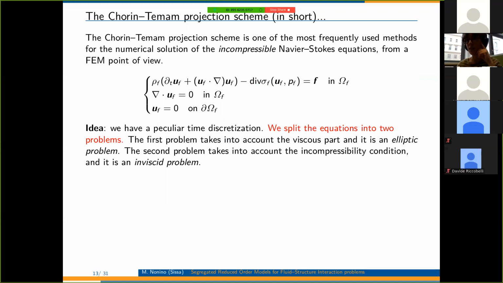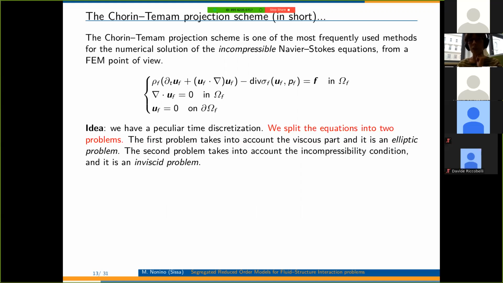This is a frequently used method for the numerical solution of the incompressible Navier-Stokes equations. Here I just wrote the simplest form of the Navier-Stokes equations. We have the incompressibility constraint and a homogeneous Dirichlet boundary condition on the whole boundary.